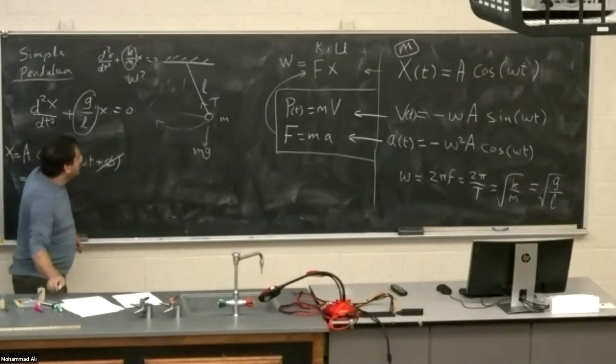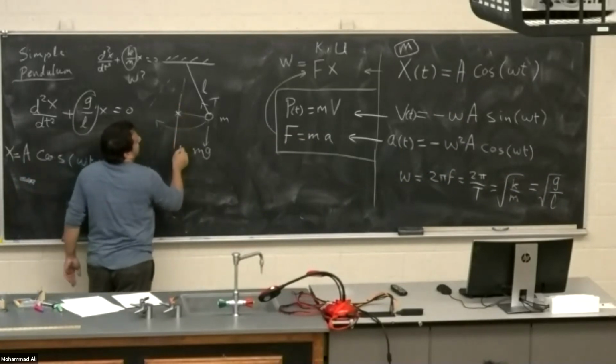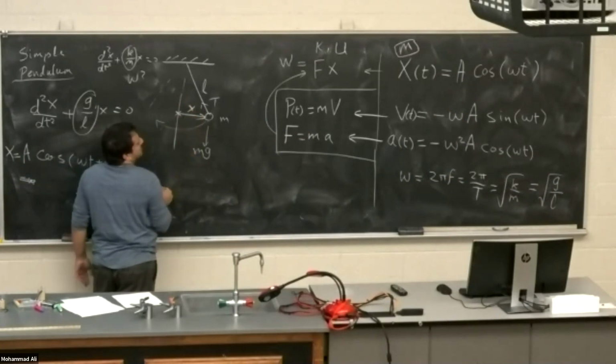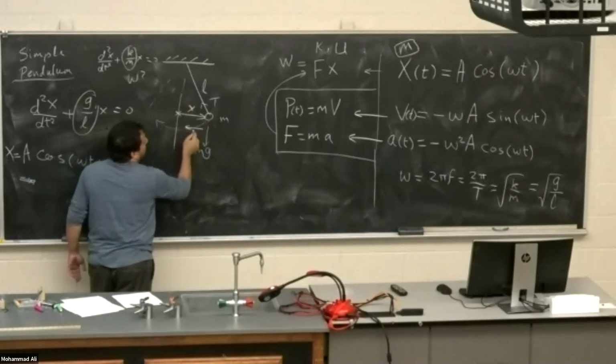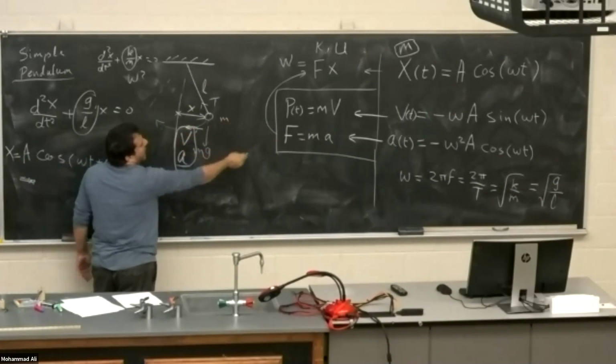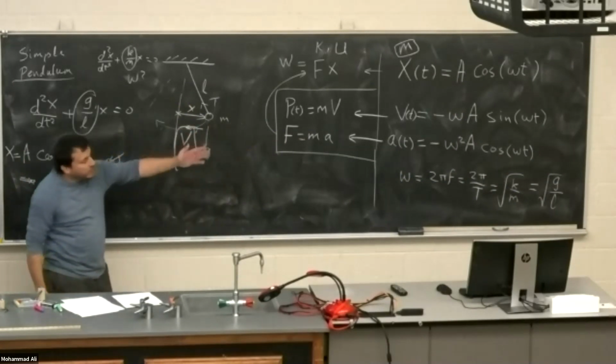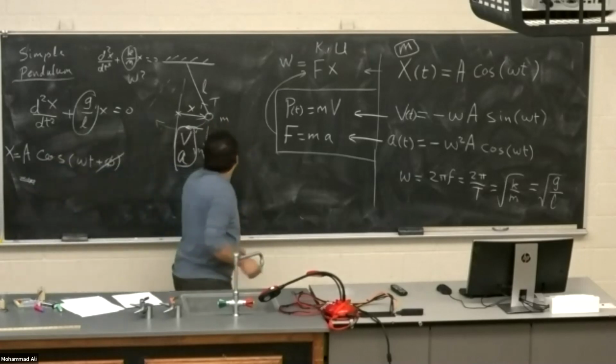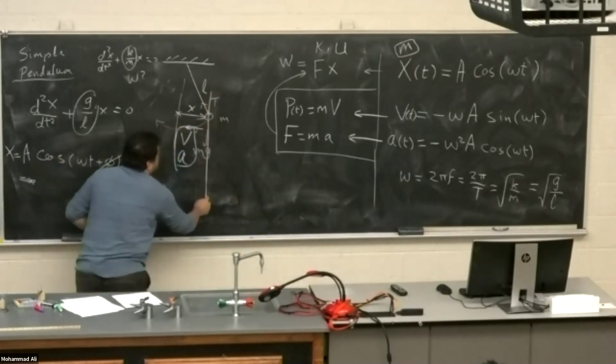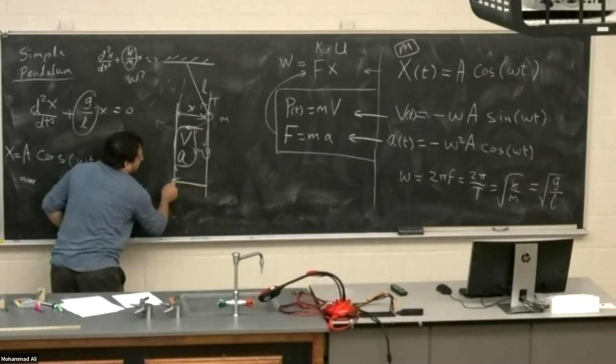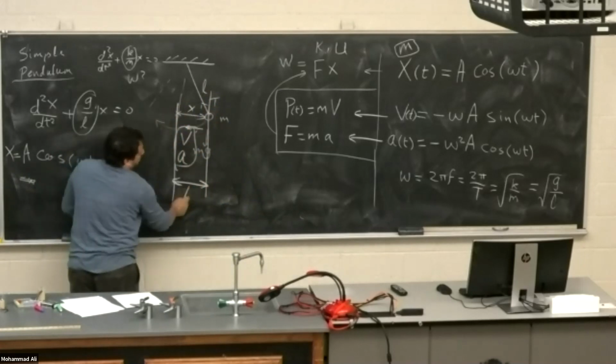The position from the origin here, it is x. The velocity, we have acceleration. We have momentum, we have force. We have the same equations, the same thing. Amplitude, the amplitude is the maximum displacement from the origin. This is the amplitude.